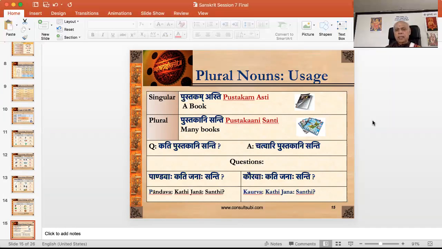Pandavaha kati janaha santi. How many people are the Pandavas? You all know they are called Pancha Pandavas. So, pancha janaha santi is the answer. Their enemy is the Kauravas. Kauravaha kati janaha santi. How many people are the Kauravas?